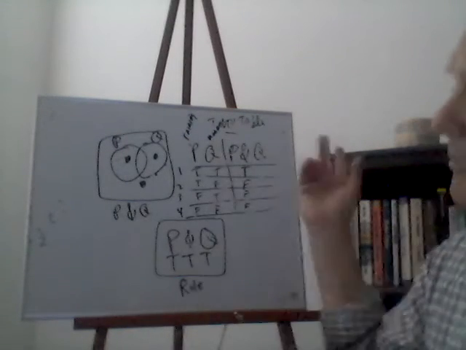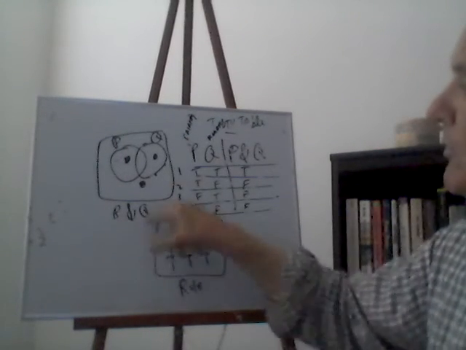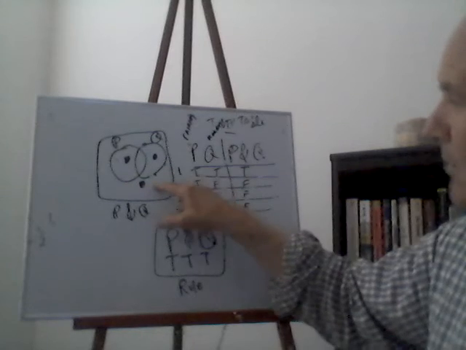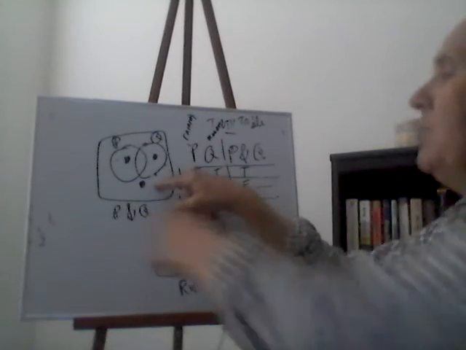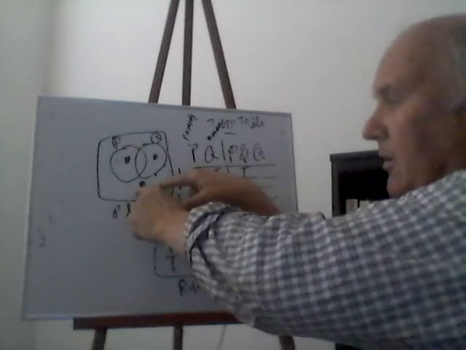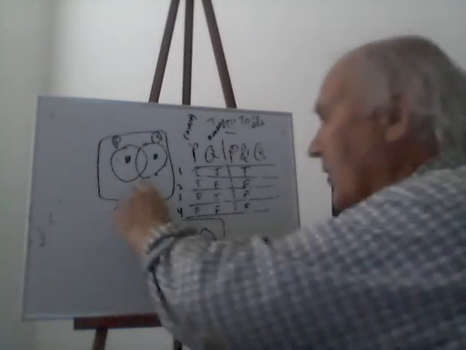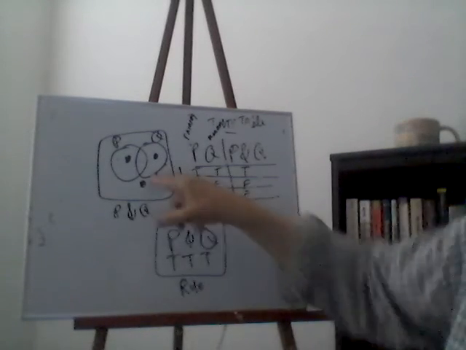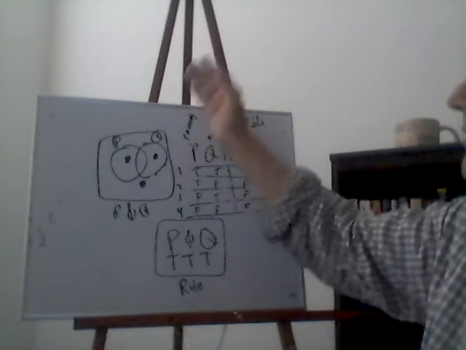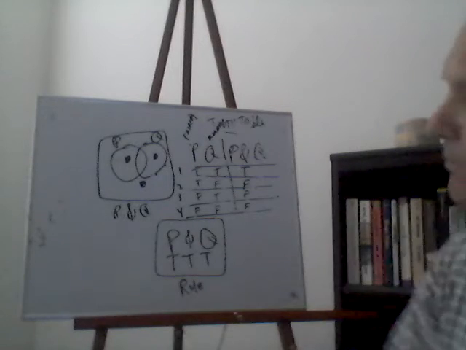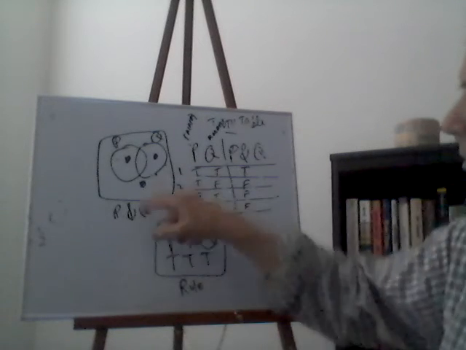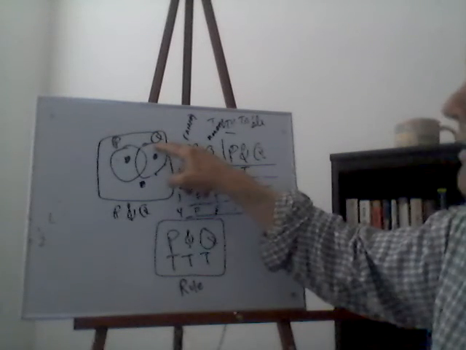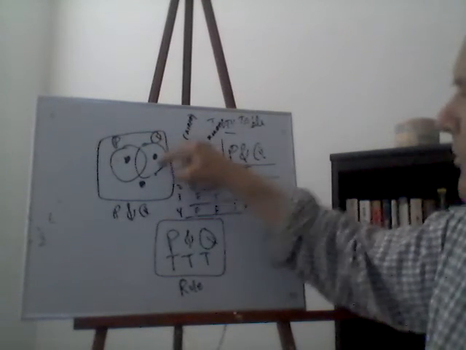And then you do another one. P and Q is false. Okay, I put my finger on this section. P and Q is false. I said it's false because it's darkened. Then you say when, and then you just say what that section means. P and Q is false when P is false, because we're outside P, and Q is true.